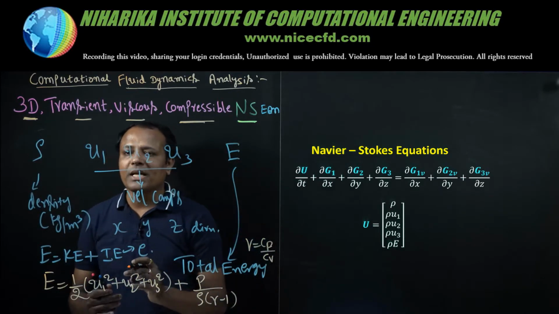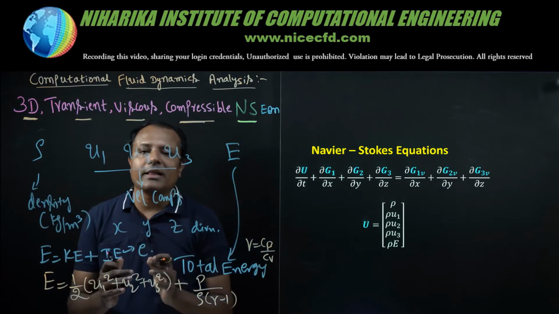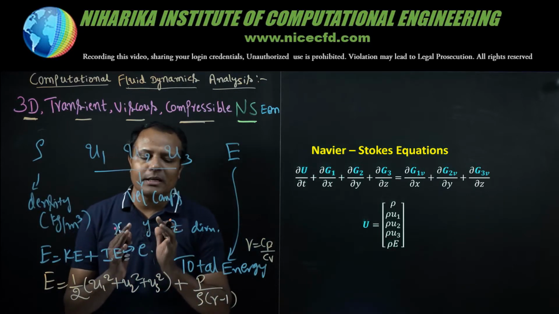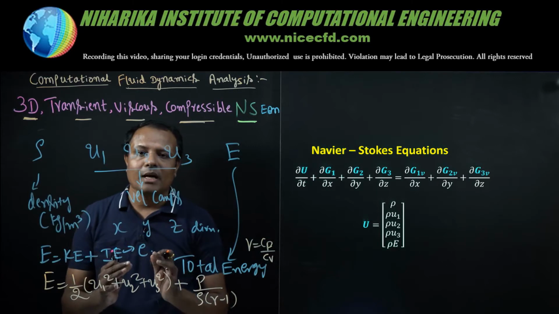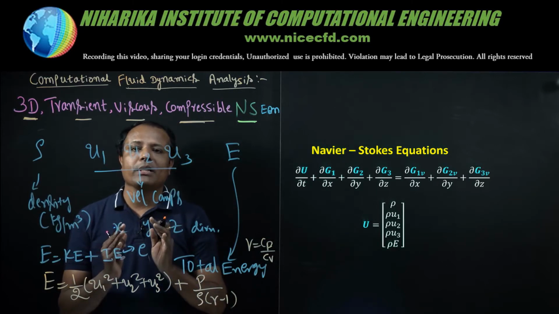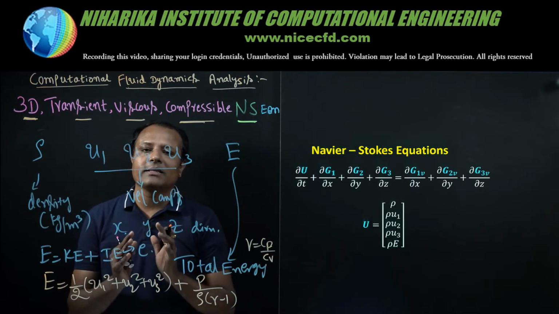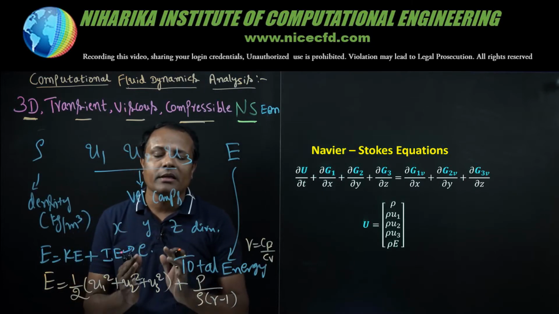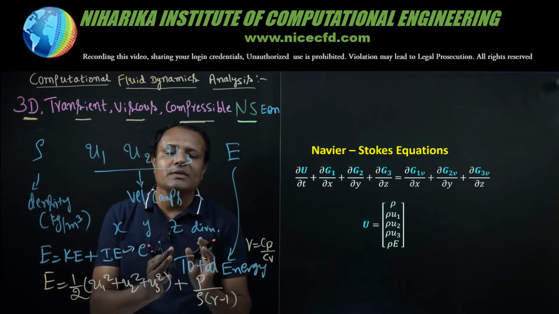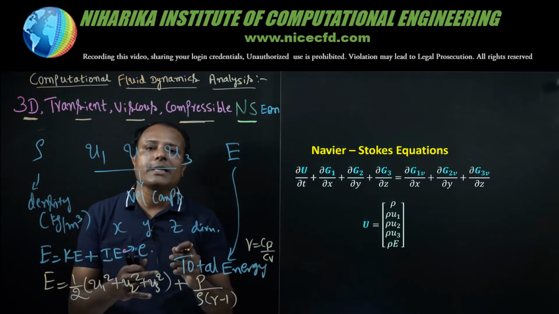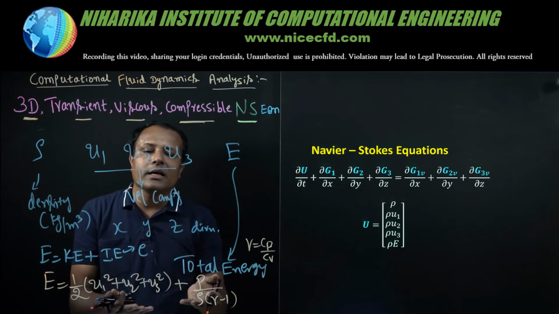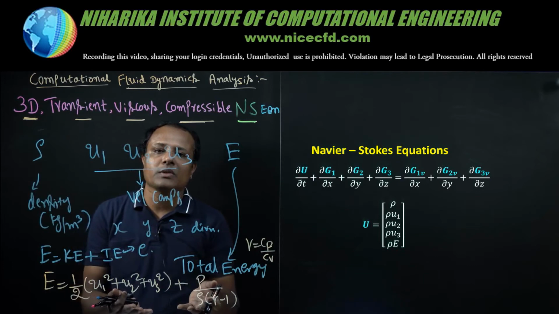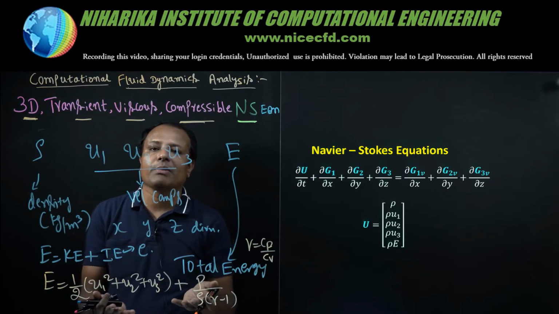Now, for compressible flows, internal energy is a very important parameter. I repeat, for compressible flows, internal energy is a significant term in the Navier-Stokes equation, which is a must. Whereas for incompressible flow, practically we can equate the internal energy term to 0. Why? I will explain in detail.